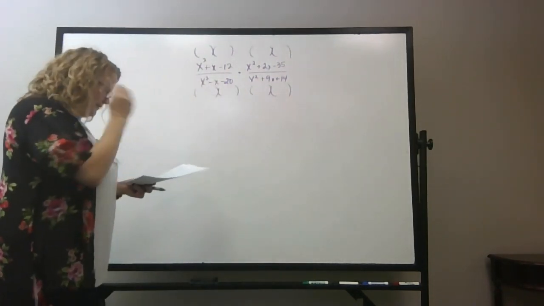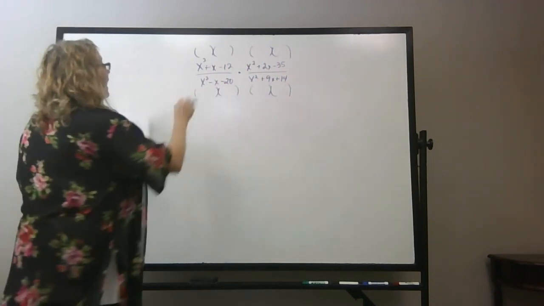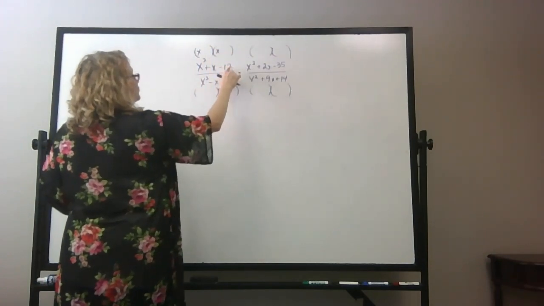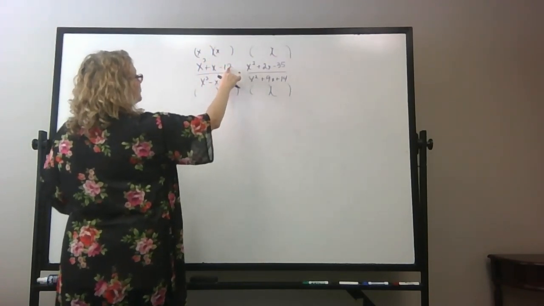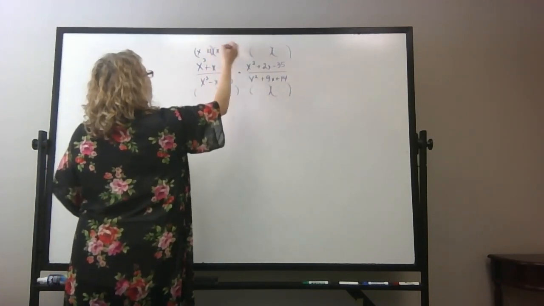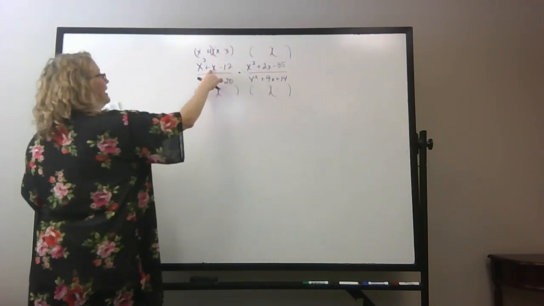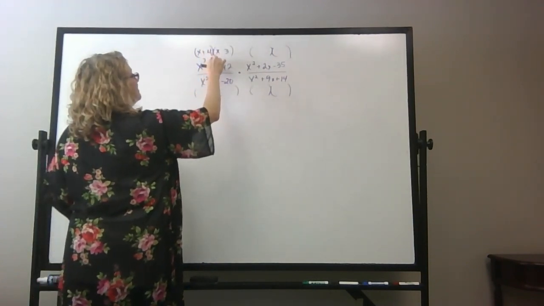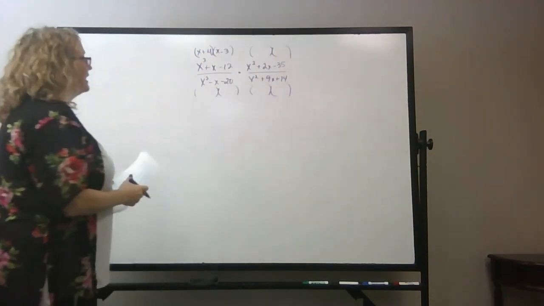Okay, so let's think about how we can factor this. Of course, I've got my x and my x. I have the 12. What are the factors of 12 that are going to combine to 1? It's going to be 3 and 4. So if I've got a 4 and a 3, my x needs to be positive, so the greater number needs to be positive, and the lesser number needs to be negative.